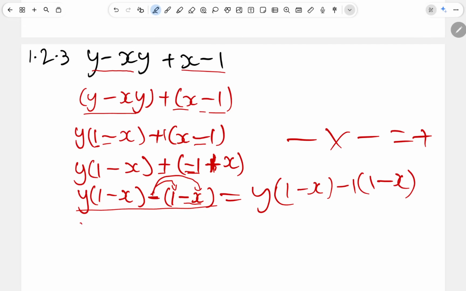So we will take out the common bracket factor. When we take out the common bracket factor 1 minus x, we will be left with y and negative 1. This is our final answer.